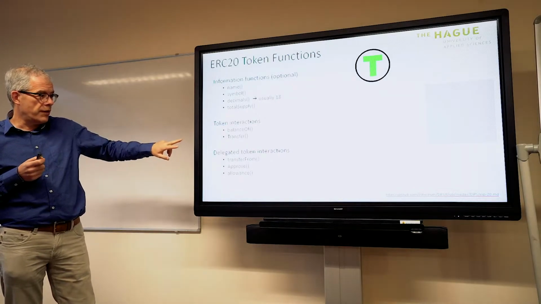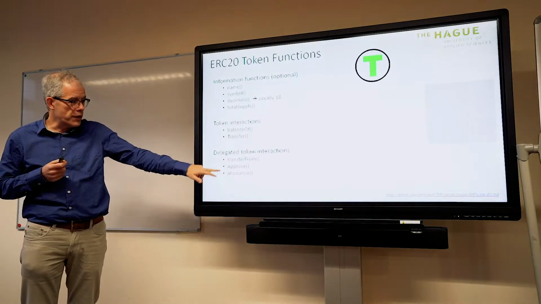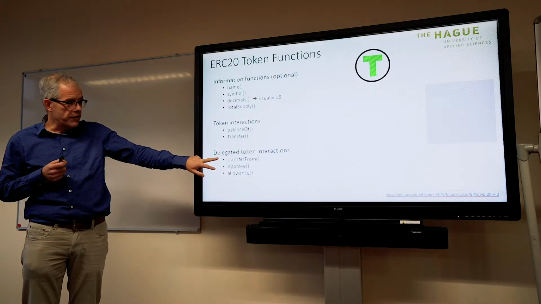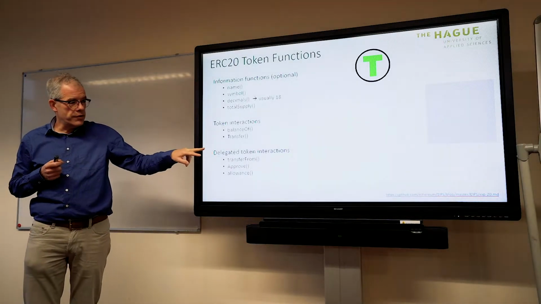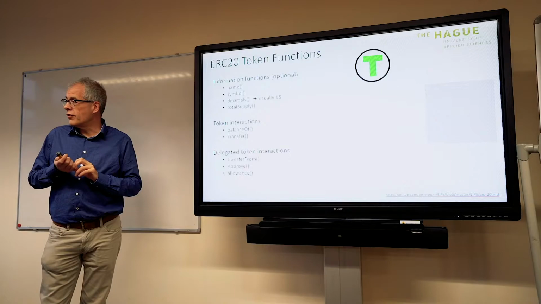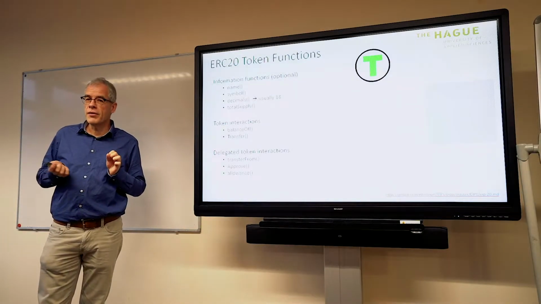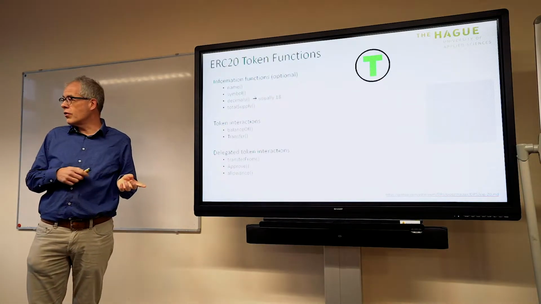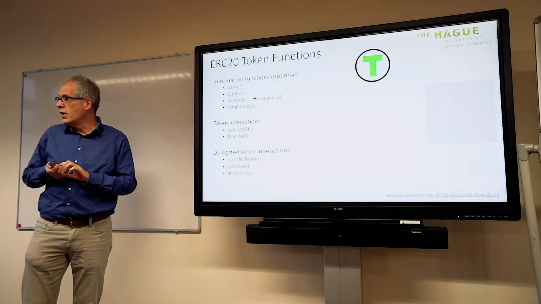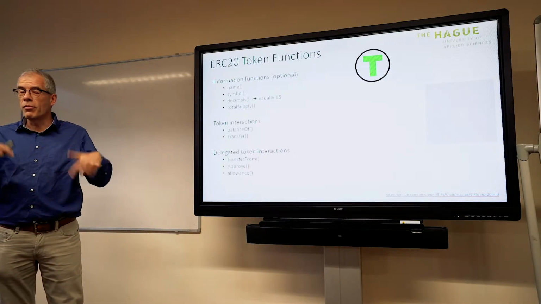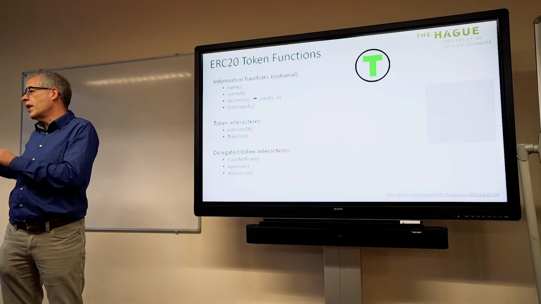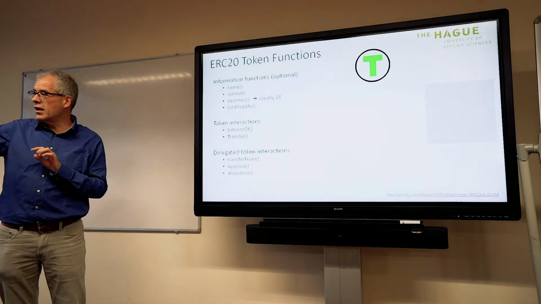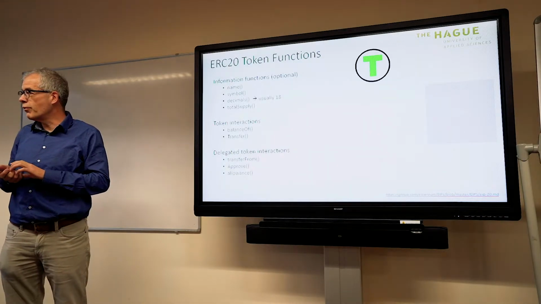And they've added some extra functions over here. That's to delegate the token transfer, to have exchanges or whatever who can transfer tokens on your behalf, where you can put your token up for sale and somebody else can buy your token, and then the exchange can transfer your token for you.